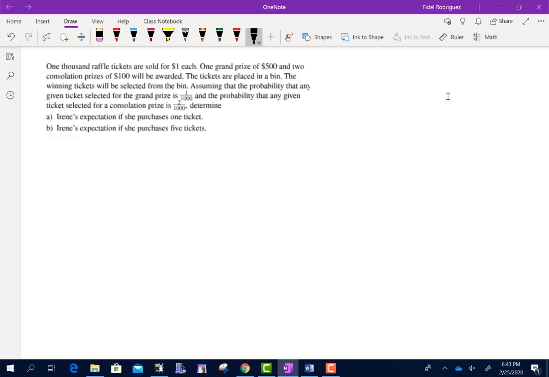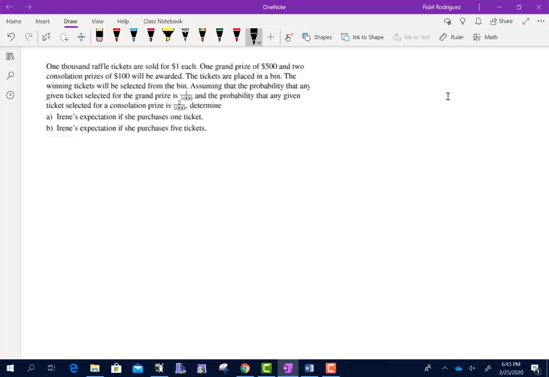Assuming the probability of any given ticket for the grand prize is 1 out of 1,000, and the probability that any given ticket selected for a consolation prize is 2 out of 1,000, determine Irene's expectation if she purchases 1 ticket, and what happens if she purchases 5 tickets.